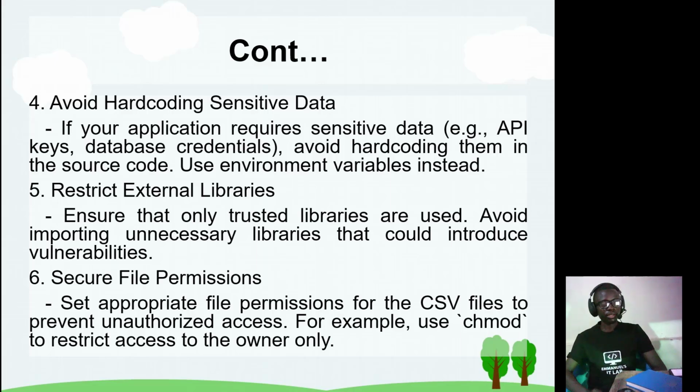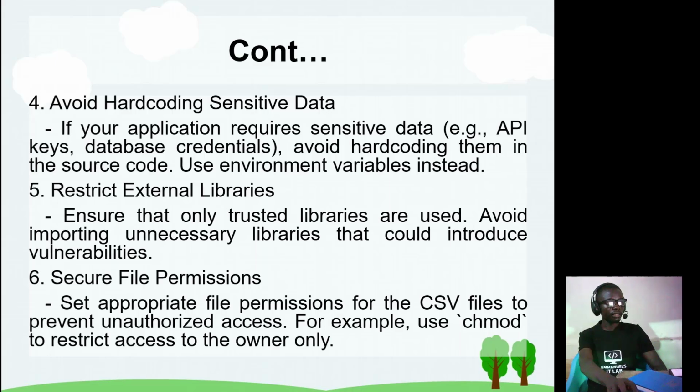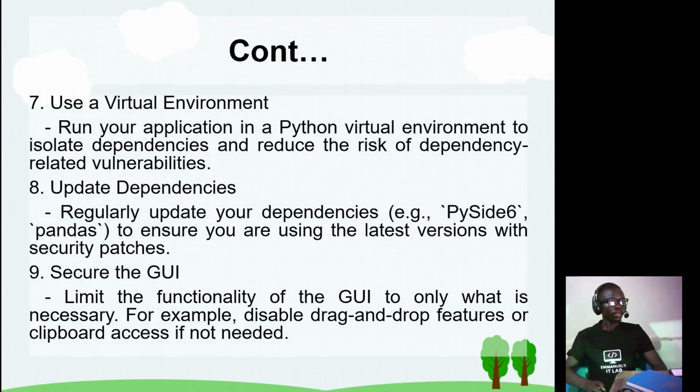Set appropriate file permissions for CSV files such that there is no unauthorized access. Then also use virtual environments. Run your Python in a virtual environment to isolate dependencies and reduce risk of dependency related vulnerabilities.